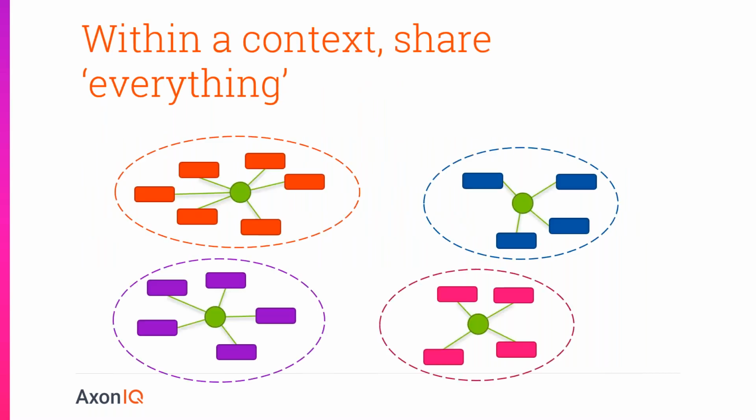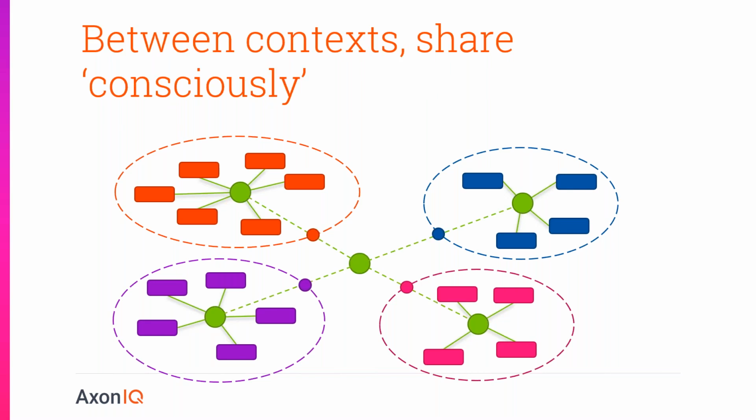So our recommendation is, within a context, it is safe to share because you speak the same language, so you can share all the events and components can listen to these events and do whatever they want with those. But in between these contexts, we want to be more conscious about the events that we share, and we want to speak a different language, maybe not as detailed as the one we speak inside our bounded context.